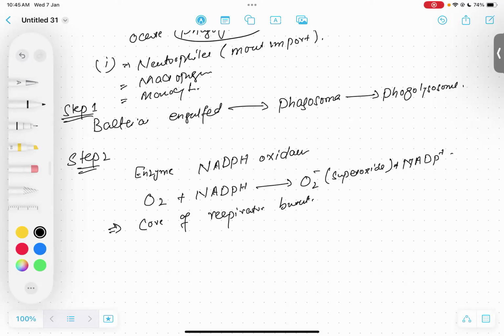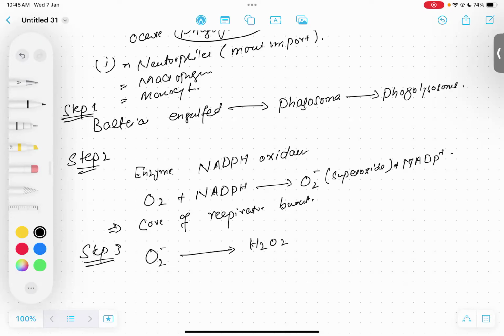The third one is then formation of reactive oxygen species from this superoxide. Step 3 is actually this superoxide conversion into different types of components with the help of an enzyme called superoxide dismutase. So this is converted into H2O2.